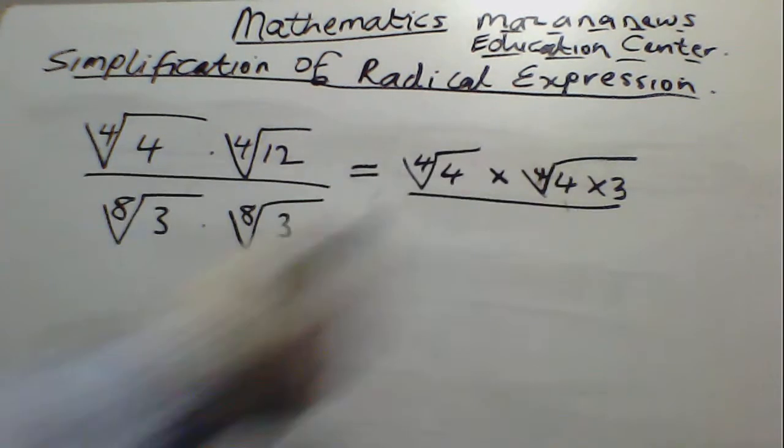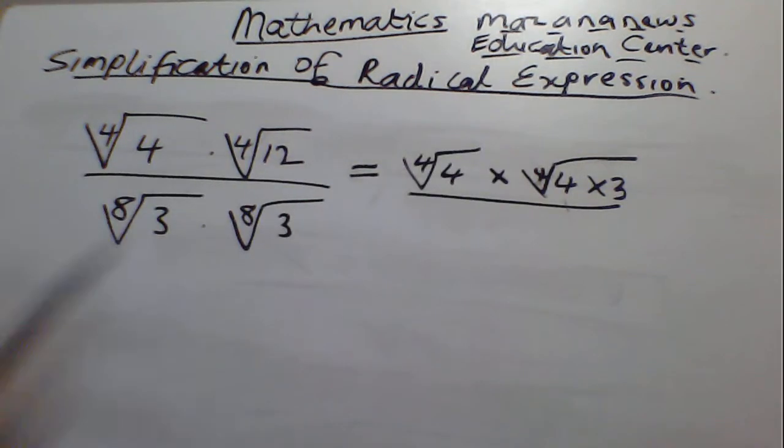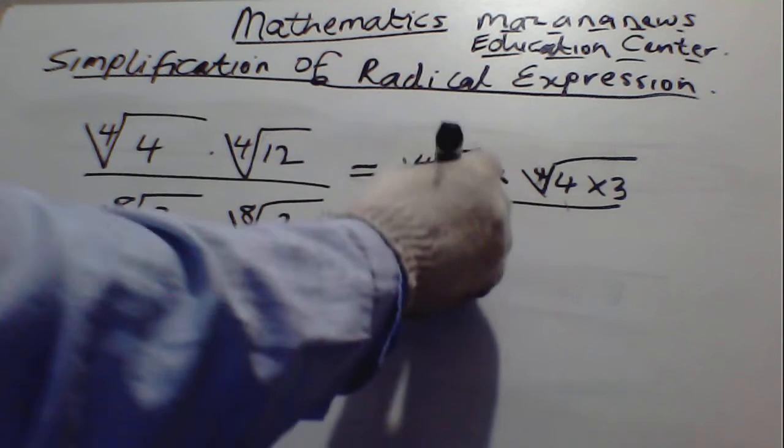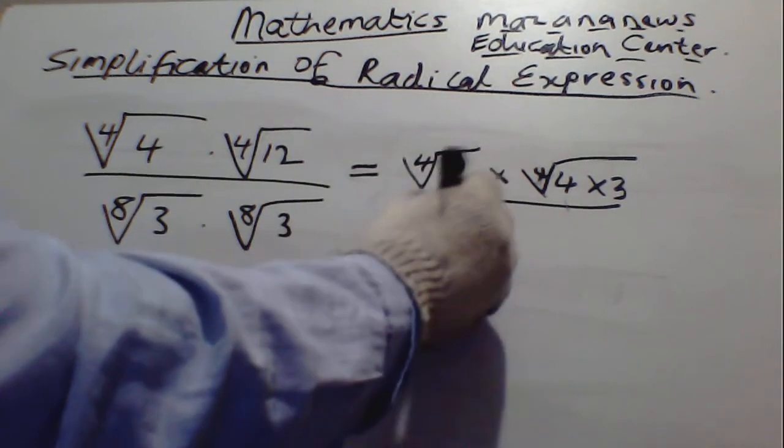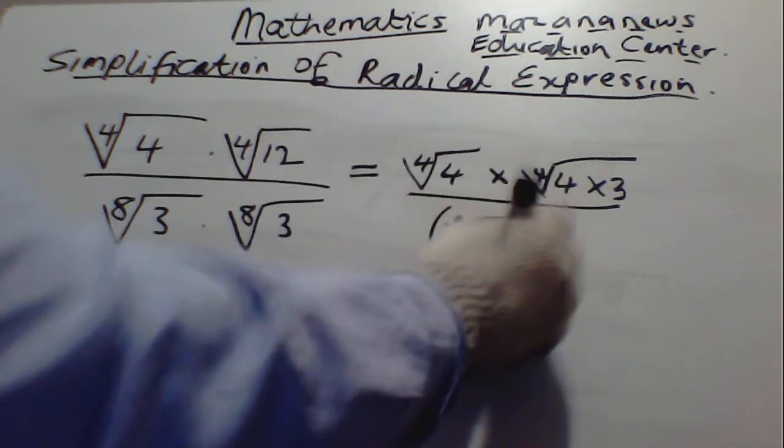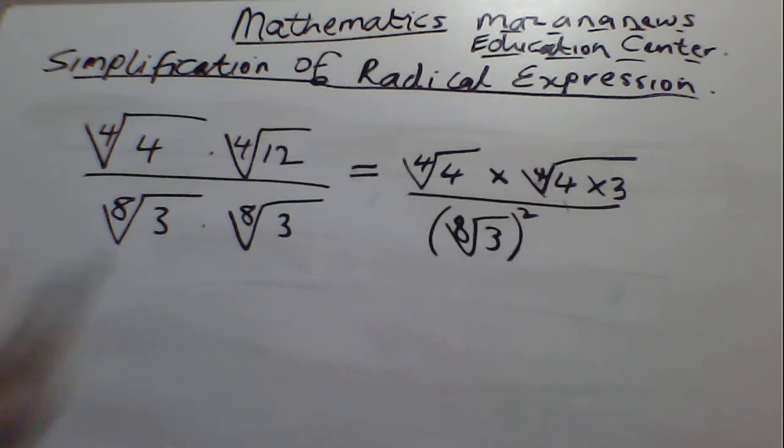So from here, if you look at the denominator, they have the same terms, so we can multiply them. We have the 8th root of 3 squared, because they are the same.